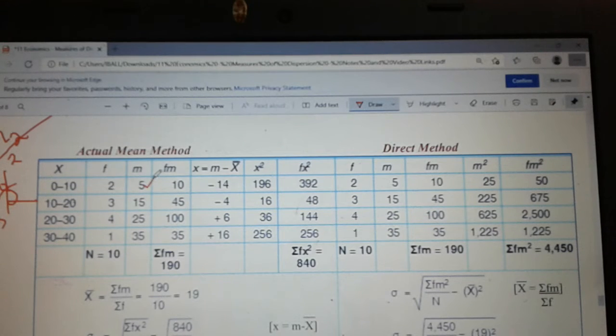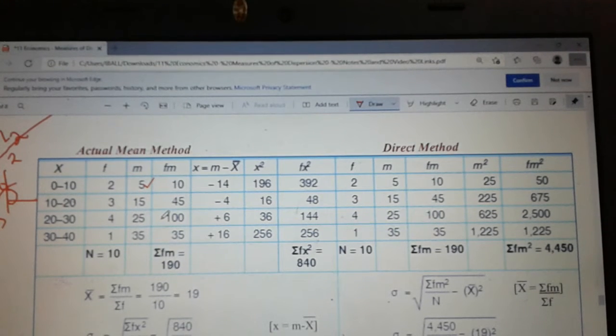Now here you can see the mid value is 5, similarly 10 plus 20, 30 divided by 2 will be 15, 50 divided by 2 will be 25, and 70 divided by 2 will be 35. Now when you add the frequencies 2, 3, 4, 1, the total will be 10, the number of frequencies is 10.